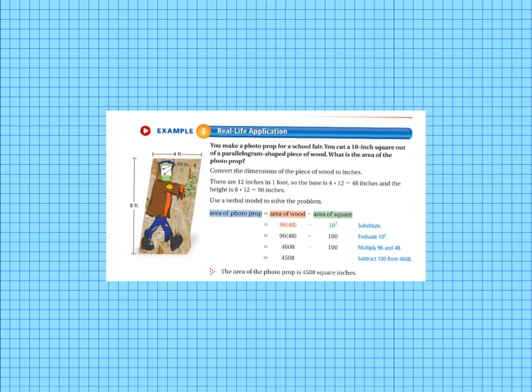So we're going to first convert the dimensions of the piece of wood to inches, and that's because this is in inches, so we want everything to be the same unit. So there are 12 inches in a foot, so the base is 4 times 12, which is 48 inches. And the height is 8 times 12, which is 96 inches.